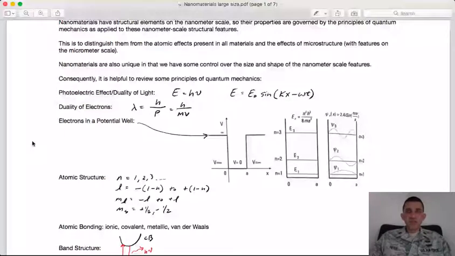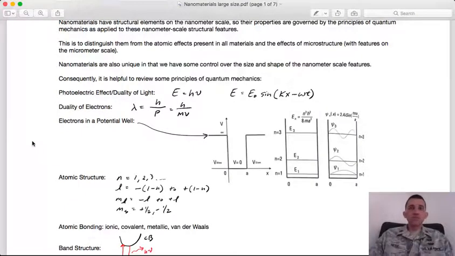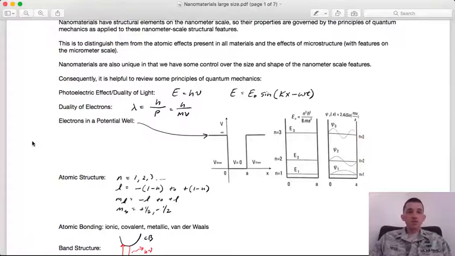Natural materials have micron scale features, but we don't really talk about microstructure or its connection to material properties unless we have some control over what microstructure is forming, via, say, heat treatments, mostly what we talked about. And so we don't really have a nanomaterial unless we have control over those nanometer scale features.